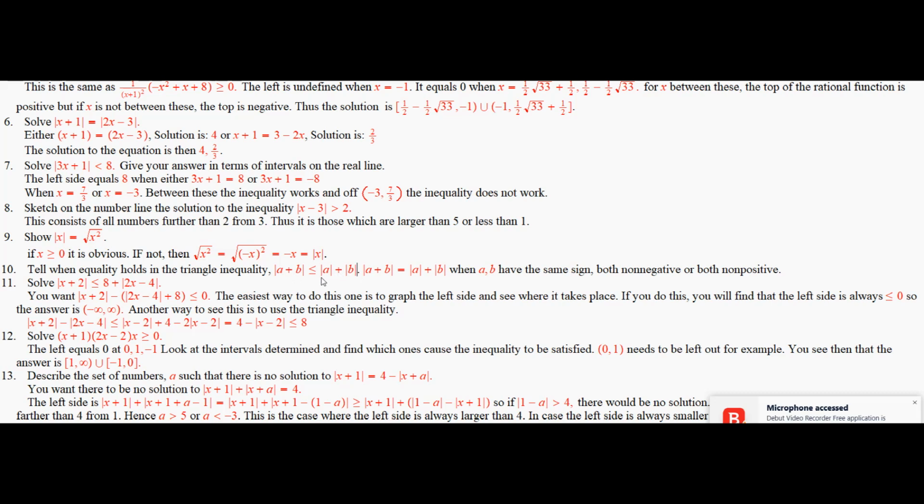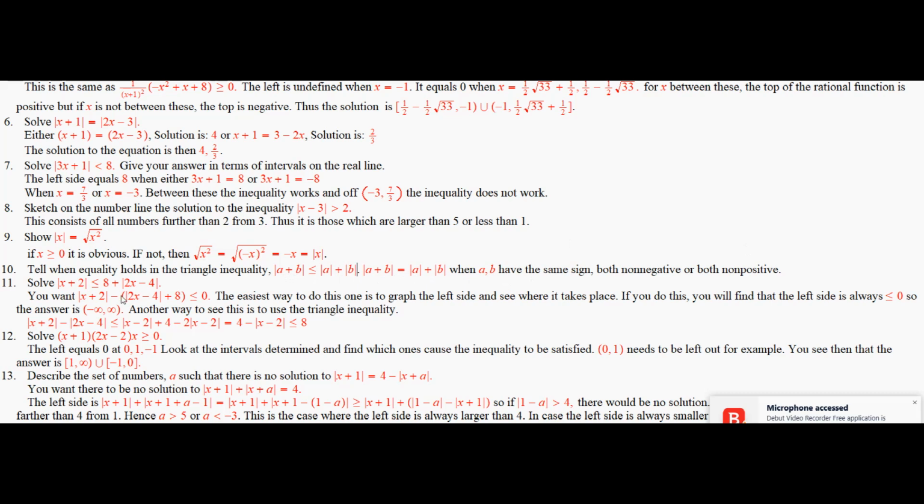What goes wrong, which gives you an inequality, is when these two have different signs. Because when they have different signs, you have cancellation taking place, and you end up with a strict inequality. But if these two have the same sign, so if they're both positive or both negative, then you'll get equality. Okay? All right, so that's the answer to that question.